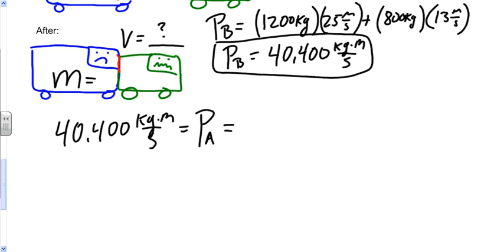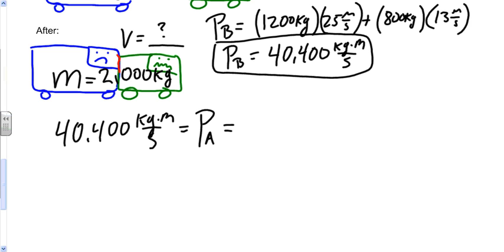So now we need to find a way to express the momentum of the cars after the collision. The first thing we need to do is figure out what the mass of the cars is. Well, if they lock bumpers, that means that when we consider the mass of all of them together, we need to add the mass of the truck to the mass of the car. So the mass of the two cars together is 1,200 kilograms plus 800 kilograms, or 2,000 kilograms. And again, it's moving off at a velocity v.